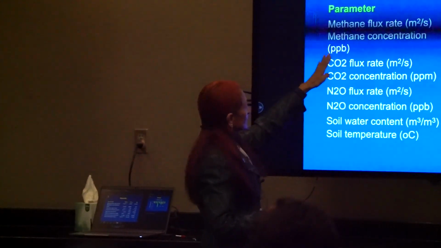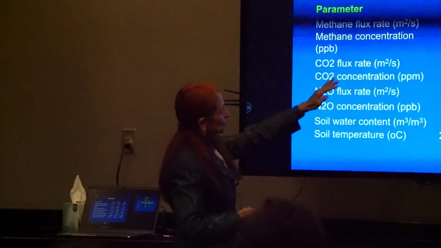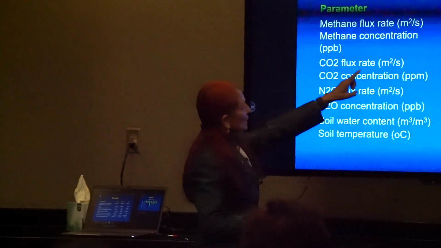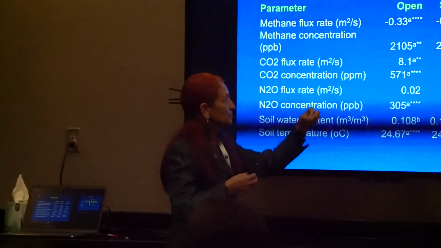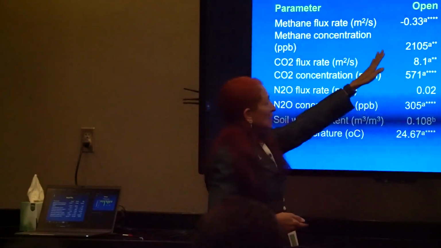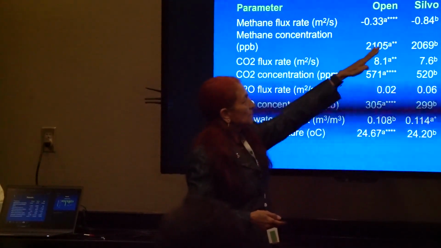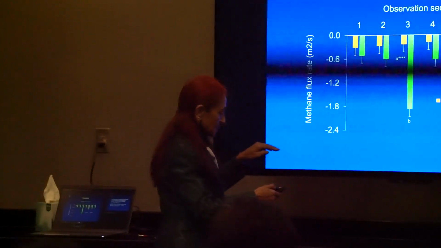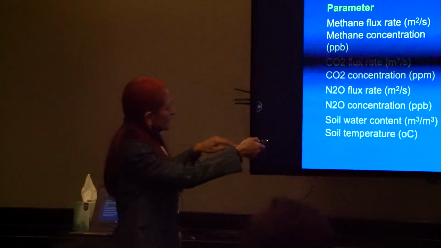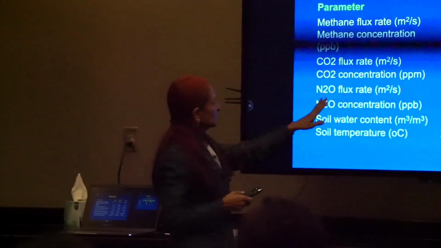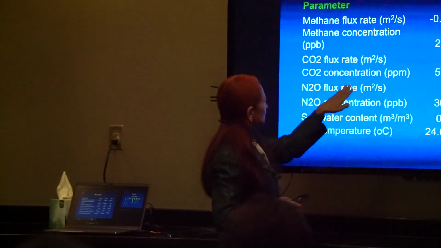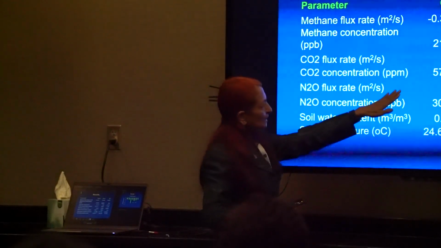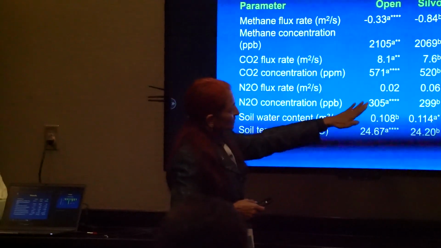Another thing is we can see the differences in the open pasture versus silvopasture. Values like methane flux rate were lowered in the silvopasture; this is more going into the system than emission. So methane concentration is higher in open pasture, carbon dioxide flux rate is higher in open pasture, and carbon dioxide concentration is higher in open pasture.